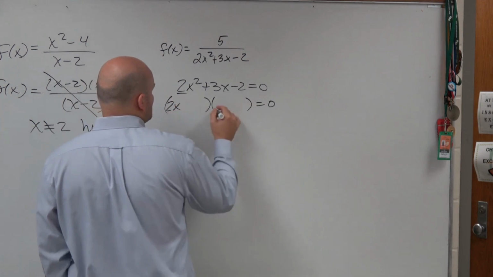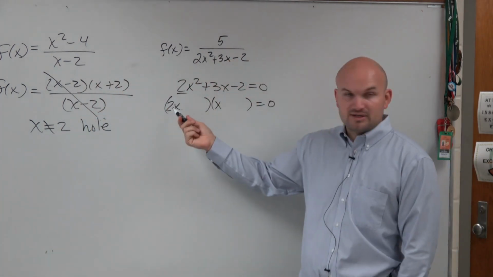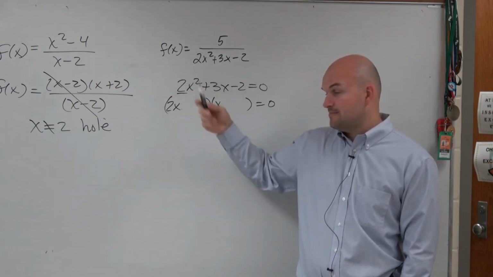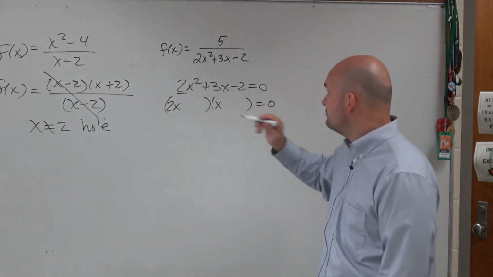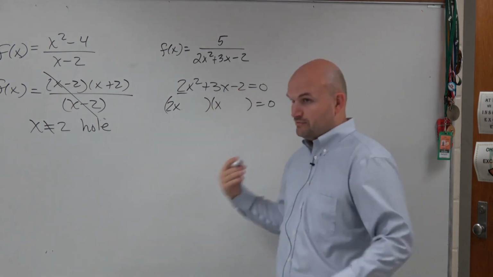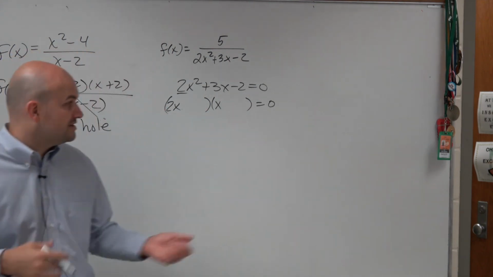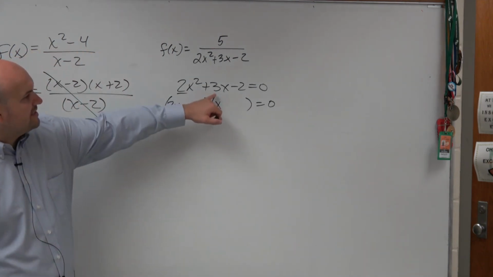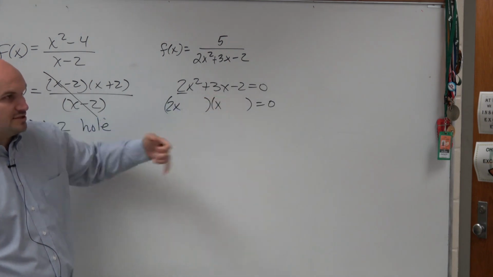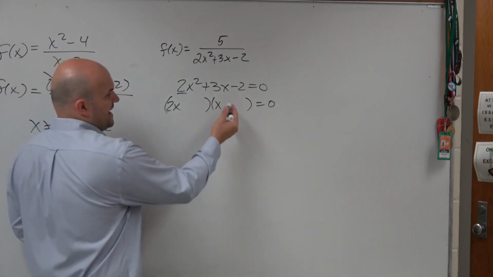And if we want those first two terms to multiply to give us 2x squared, then we could say 2x times x will give us 2x squared. The next term is we want our two terms to multiply to give us negative 2. So therefore, we basically have negative 2 and positive 1, or negative 1 and positive 2. Well, we want them to add up to give us a positive 3x. So therefore, I want the larger of my two products to be positive, because I'm going to add them together.